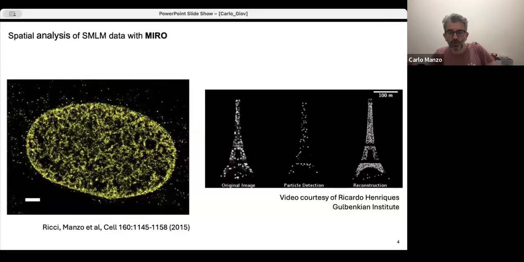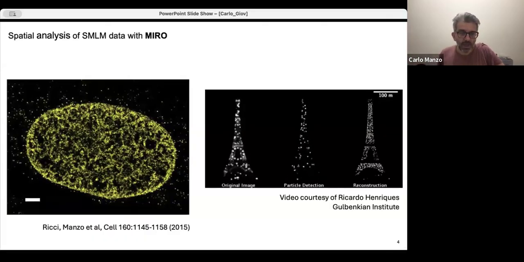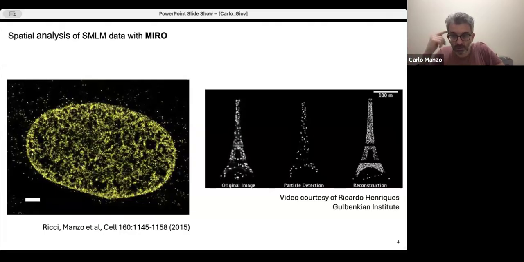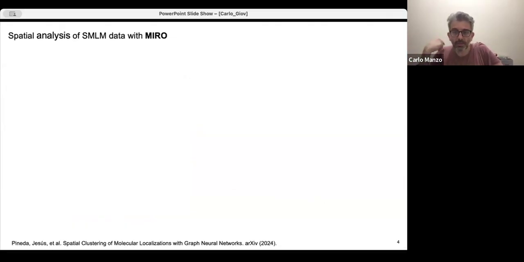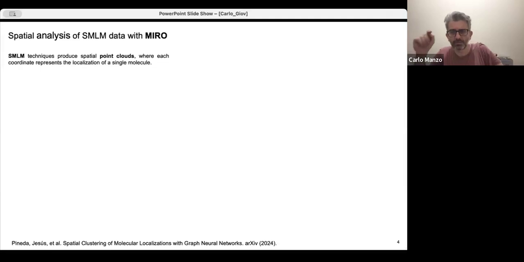But in most of these cases, at the end of the day we want to do something quantitative. So we want to get numbers out of this spatial organization. And typically, we want to do that from the output of this imaging process, which is a point cloud. Can we move to the next slide? Again and again.